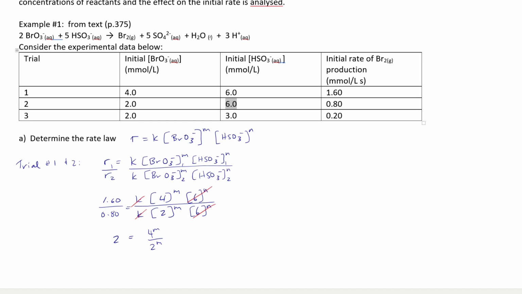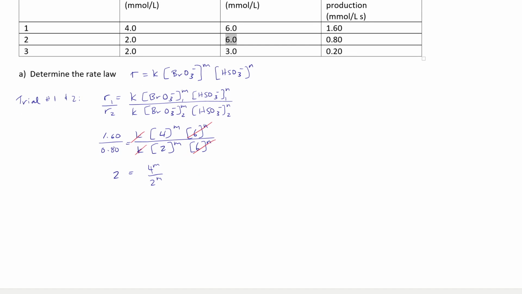Using my exponent laws, I can say 2 is equal to 4 over 2, all to the power of m. I can factor out the exponent. So 2 is equal to 2 to the power of m. Therefore, m is equal to 1. So I have now found this value, m, which is equal to 1.